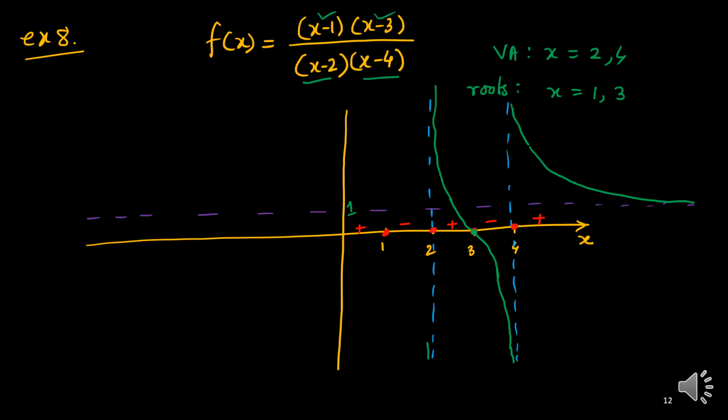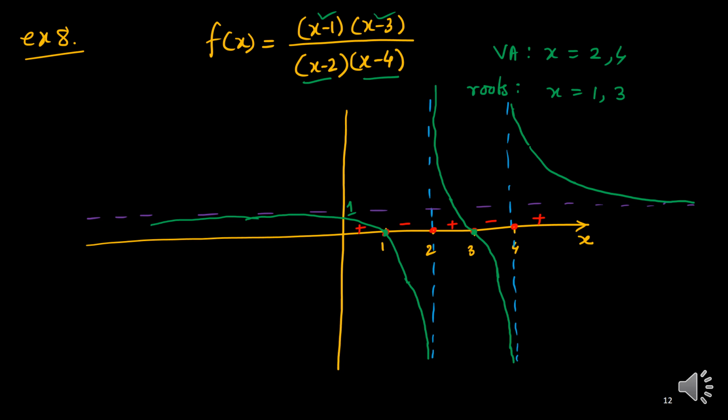Then this is actually 0, so it will go through this point. Then the asymptote is 1, so it will follow this path. Any difficulty? I think it's very clear. We can draw this kind of function very easily.